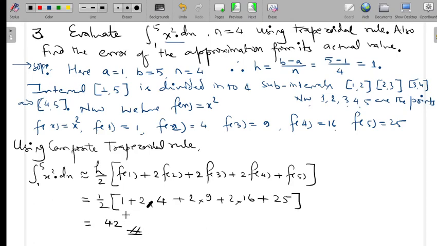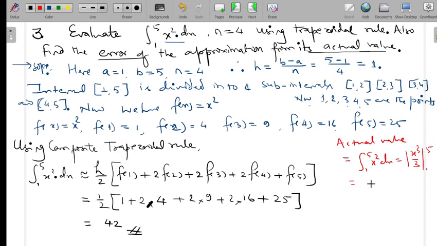42 is the answer, but we need to find the approximation from its actual value. We have to find the error. Now dear students, actual value equals integration 1 to 5 x square dx, that is x cube by 3 from 1 to 5, and you can find from here 5 cube by 3 minus 1 cube by 3, equal to 41.6.